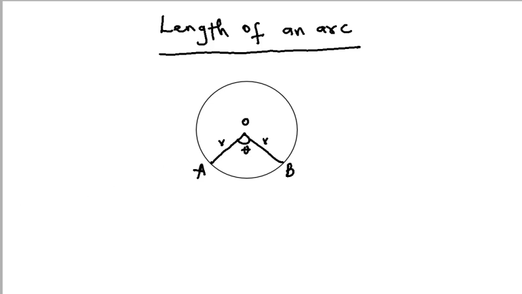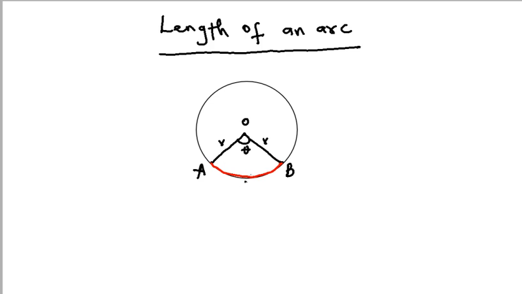What we seek to get from here is just this arc, from this point here to this point here. This whole distance is what we refer to as the arc AB. How long is this arc? What is the length of this arc? That is our focus.